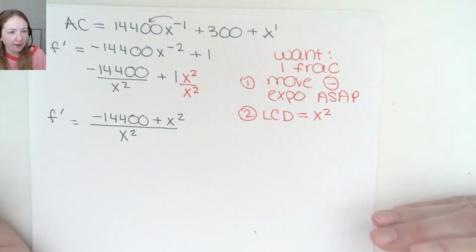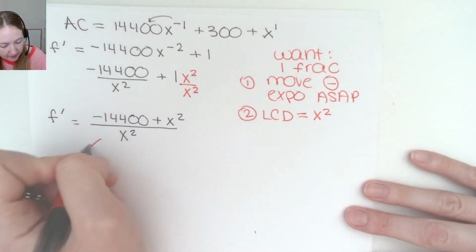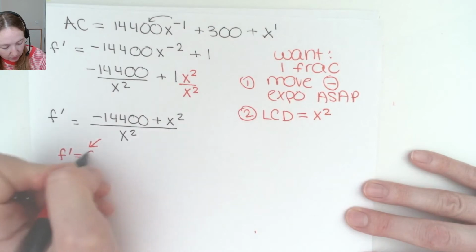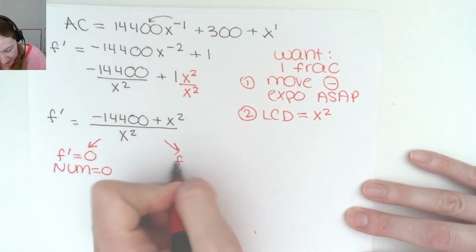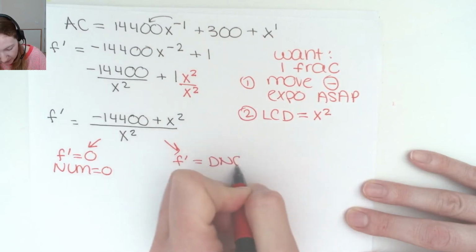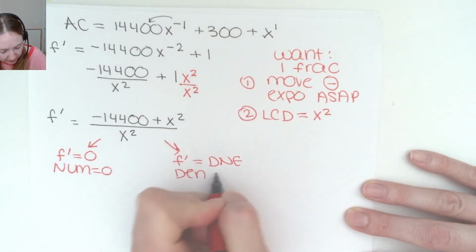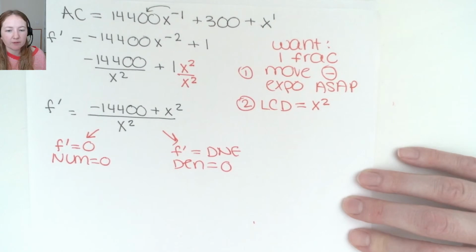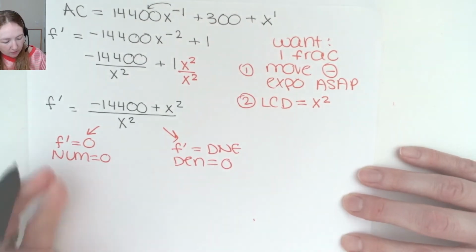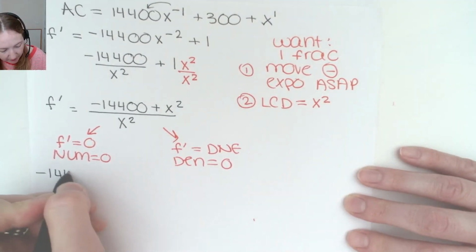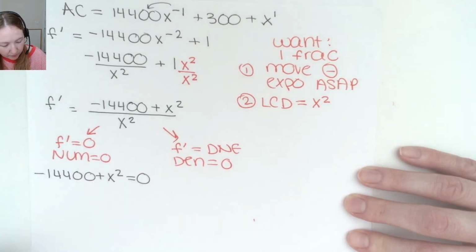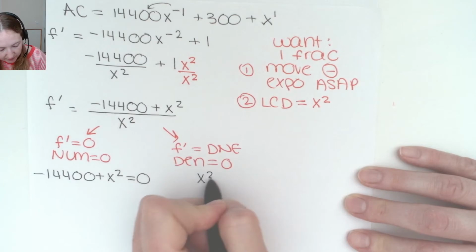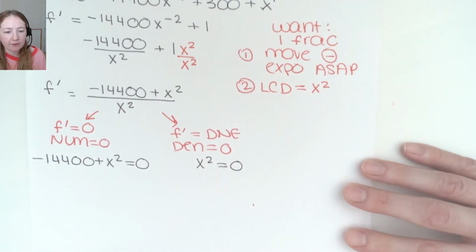Now, once I have that first derivative, I can then set the numerator equal to 0 to find the critical numbers, and I can set the denominator equal to 0 to find any critical numbers that come from the denominator. So setting the numerator equal to 0, I get negative 14,400 plus x squared equals 0, and denominator equal to 0, I get x squared equal to 0.